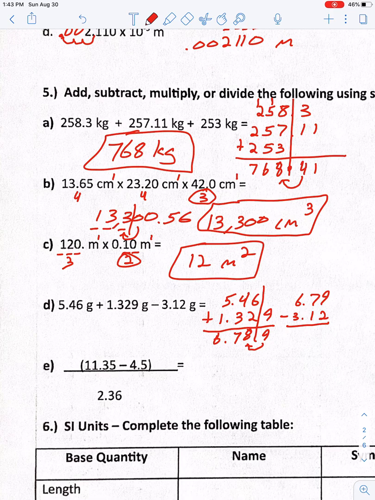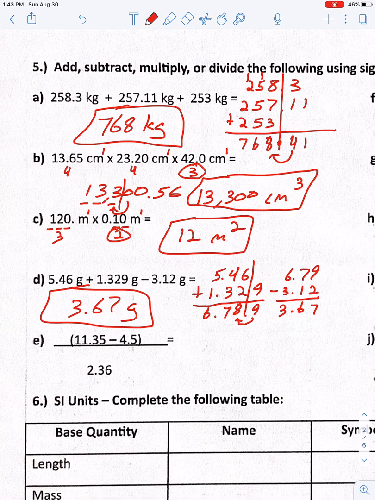So now I'm going to do my subtraction. They're both ending at the hundredths place, so I don't have to worry about that. I don't have to draw a line since they're both ending in the same spot, so that's definitely where the answer is going to be. So 9 minus 2 gives me 7. 7 minus 1 gives me 6. 6 minus 3 gives me 3. So my answer would be 3.67 grams.